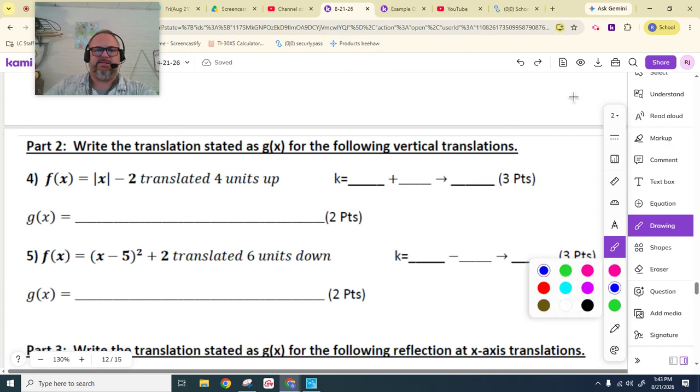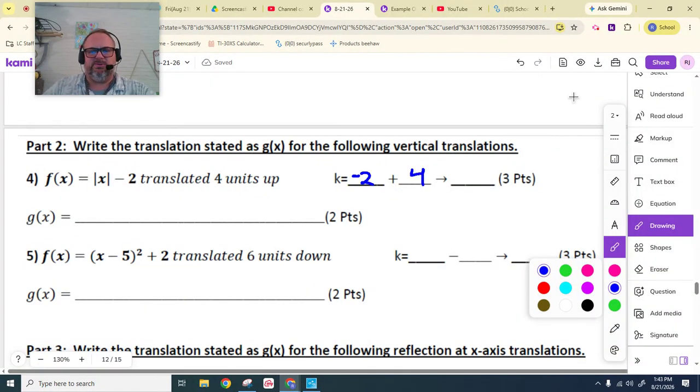All right, this one it says K value, vertical transformations. It's going to be one of them you're going to add, the other one you're going to subtract. Okay, and I messed up the signs on this one, so you know, roll tide. No, wait, I did it right. So this is -2, and I'm adding 4.